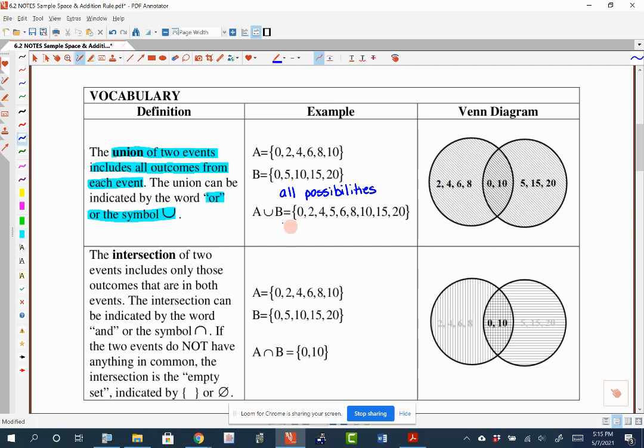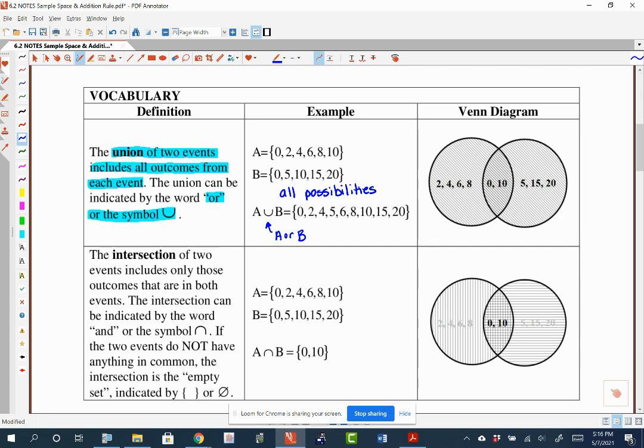So this is telling me A union B, essentially everything that's in A or B. And we'll notice here, they put them in numerical order, but this is all of our even numbers from set A and all of our multiples of 5 from set B. So our union is OR. It's all of the possibilities in this particular situation.